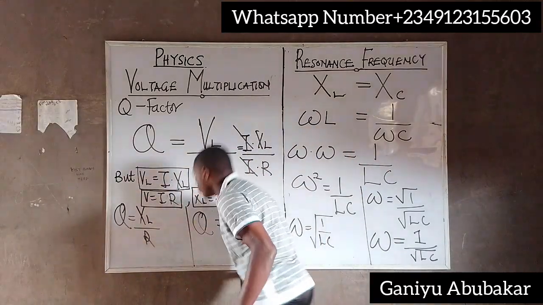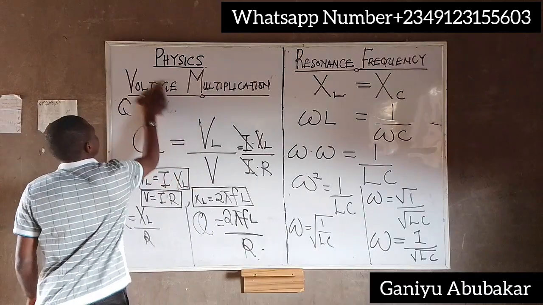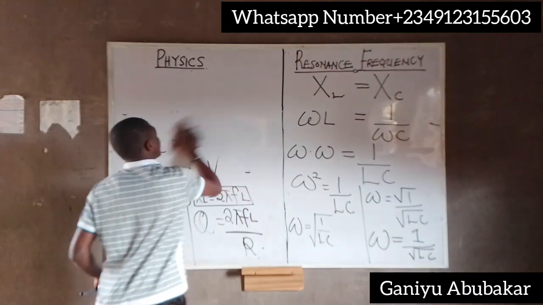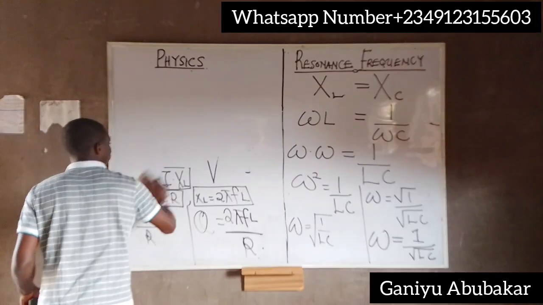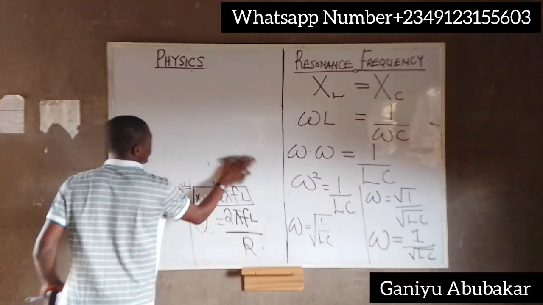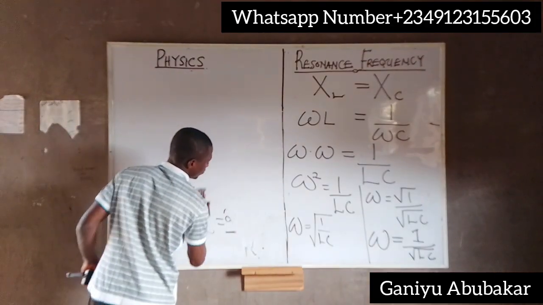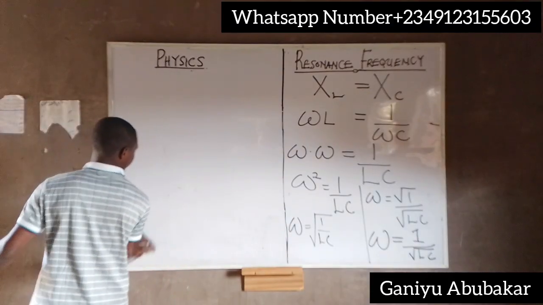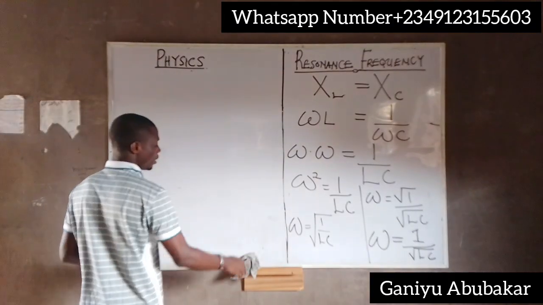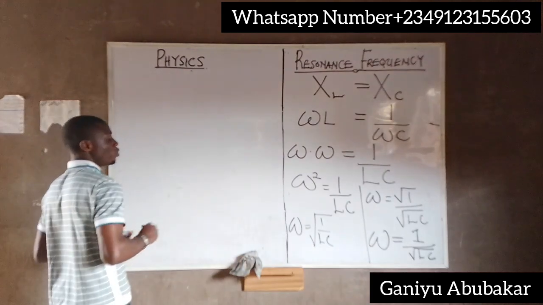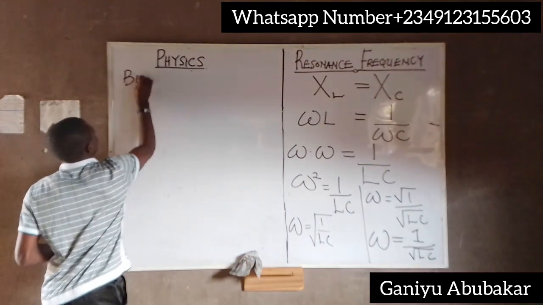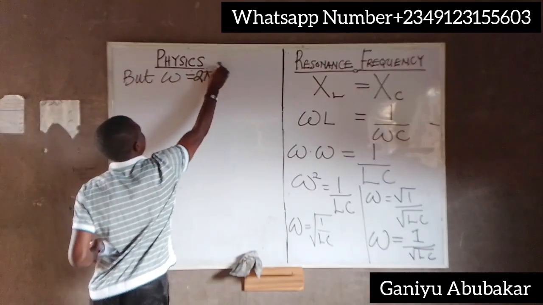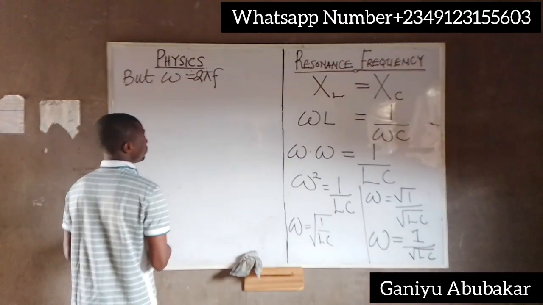So, proceeding from there, we know that omega is what? 2 pi f.